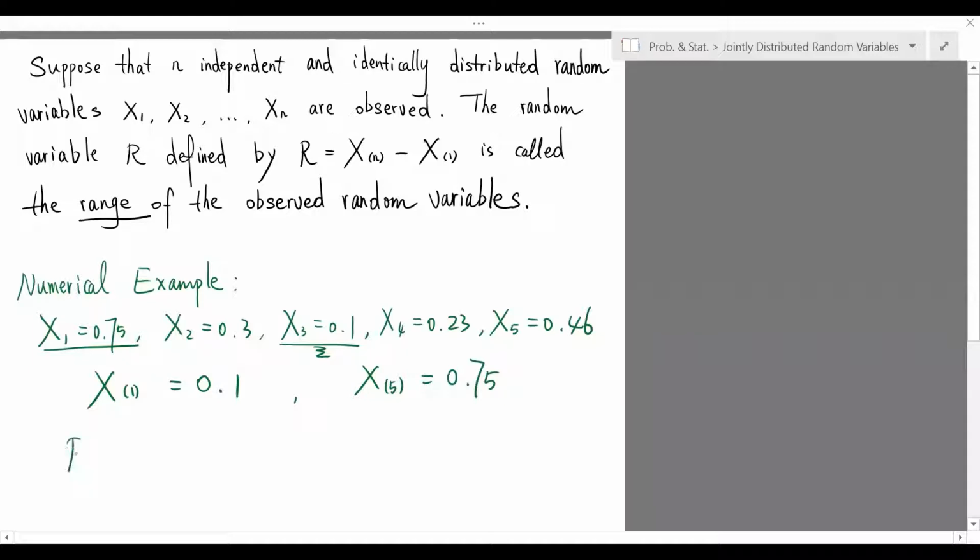Therefore, the range as the difference between the largest and the smallest is just 0.75 minus 0.1, which is 0.65.